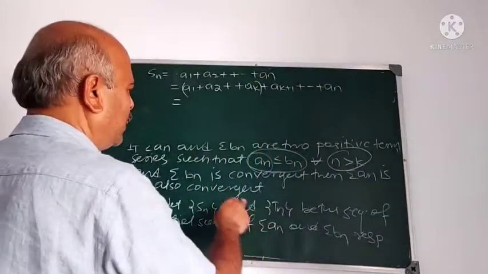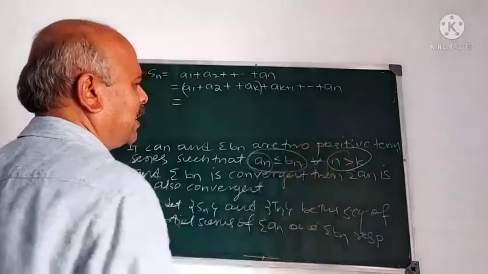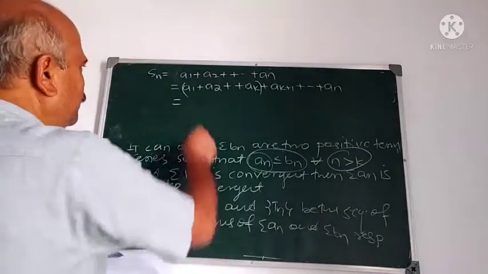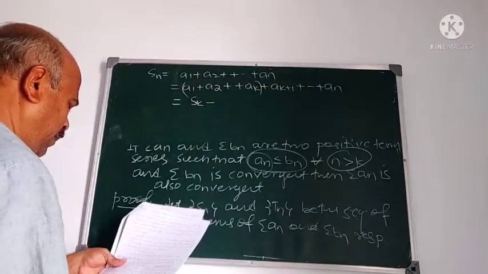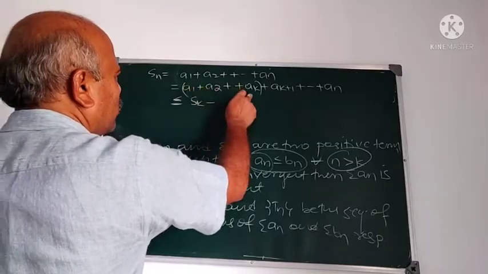What is given? an is less than or equal to bn for all n greater than k. So we write this as Sk, where a1 plus a2 up to ak is Sk by our notation.